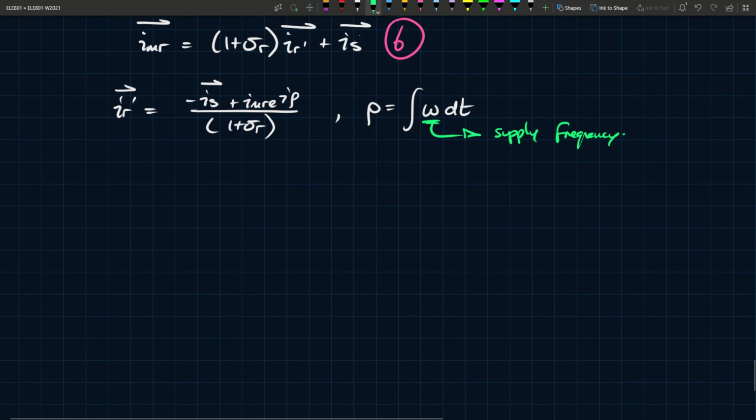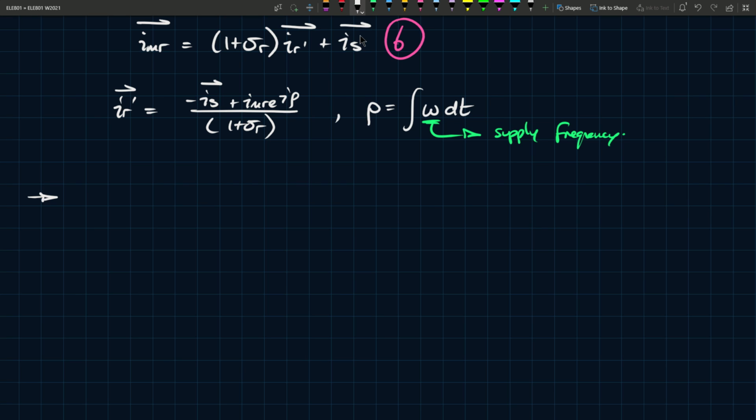So then what you can do is you can use this and you can rewrite the torque equations. If you remember, the torque equation was the imaginary part of 3 over 2 times Lm, and there was the product of Is and Ir, and then you had the conjugate and all that kind of stuff.